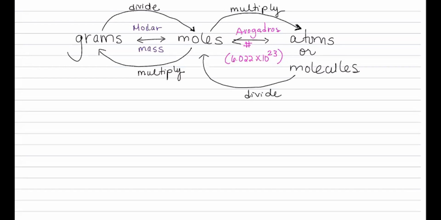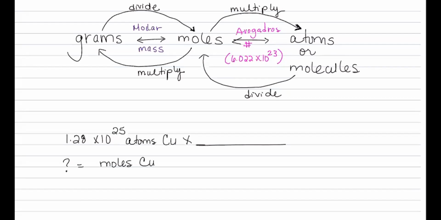So in the problem that we had here, it was given to us that we have 1.28 times 10 to the 25 atoms of copper. And what we needed to find was moles of copper. So taking that into consideration, what do we need to do?